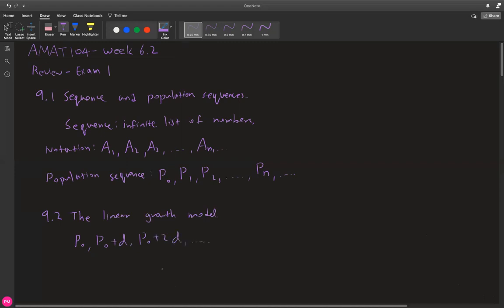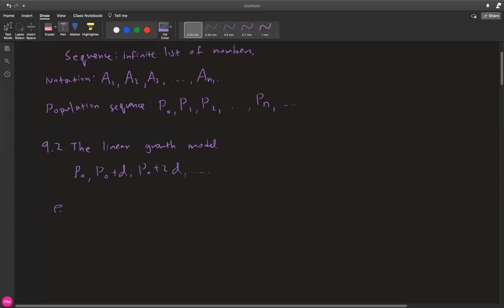So the explicit formula is actually given as, let me say p sub n, the nth population, is defined as p sub 0 plus nd.